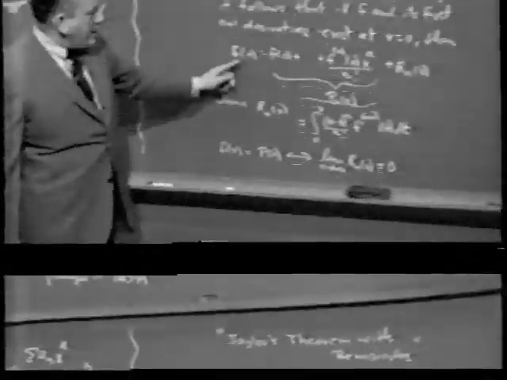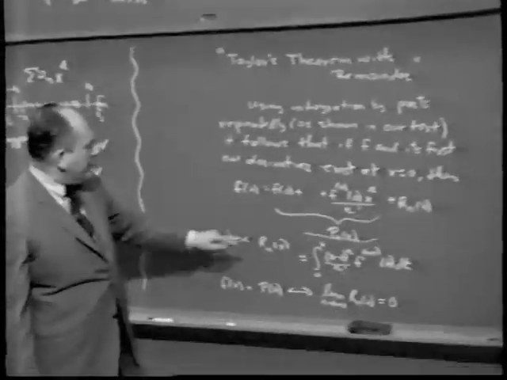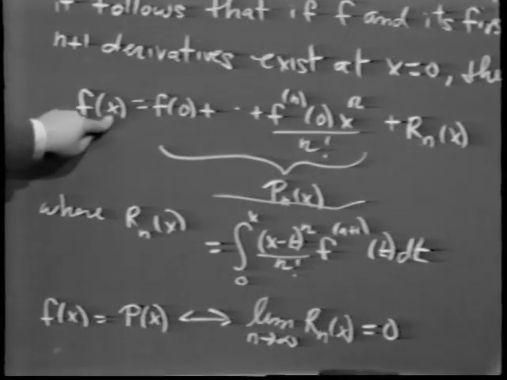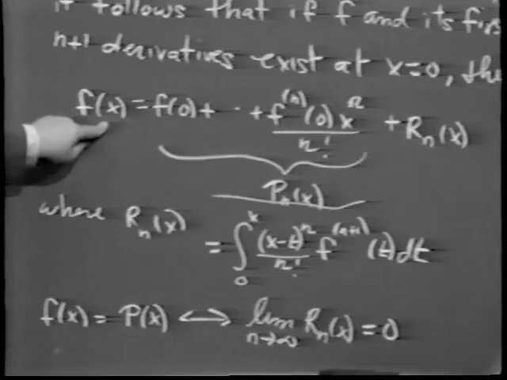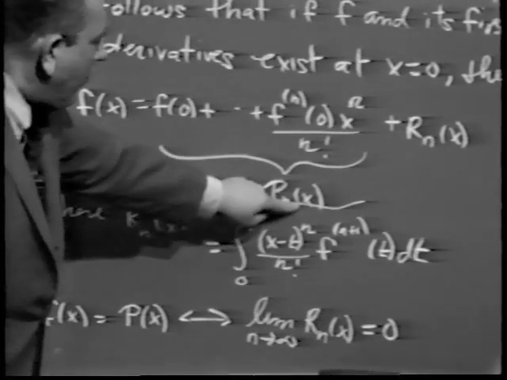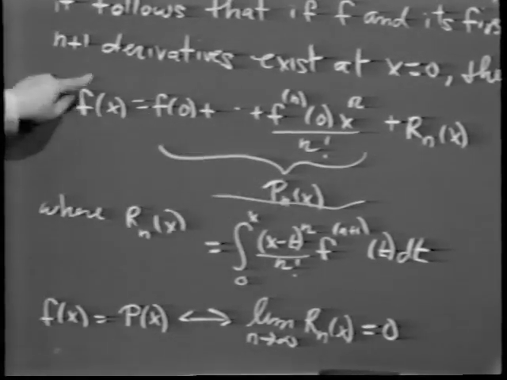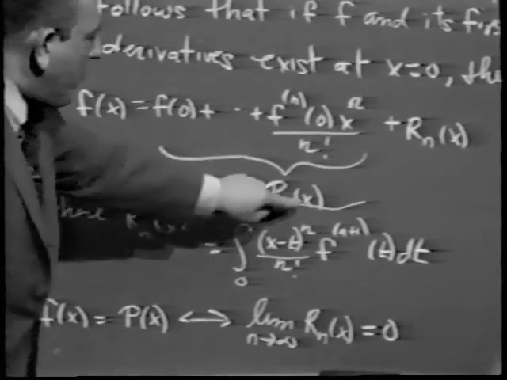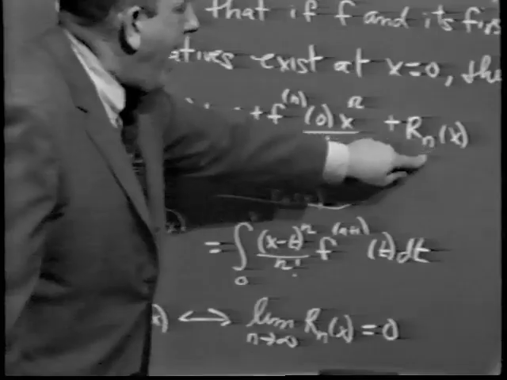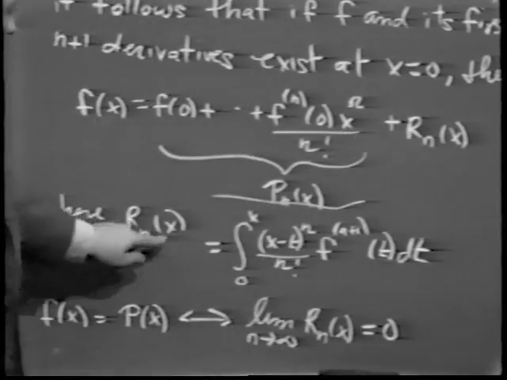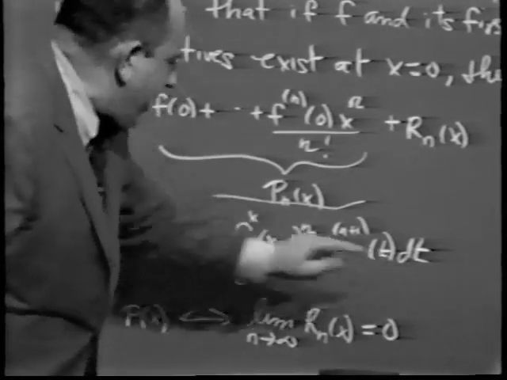In other words, what the text is showing is, look at the difference between the function which we're approximating at 0, comma f of 0, by this sequence of polynomials. The difference between that function and the nth member of that sequence of polynomials is simply something called r sub n of x, where numerically r sub n of x looks like this.